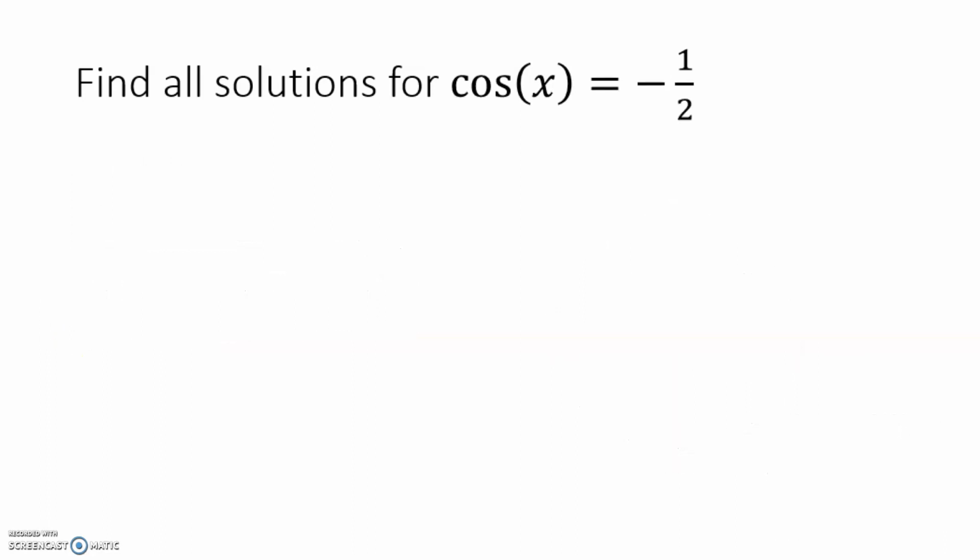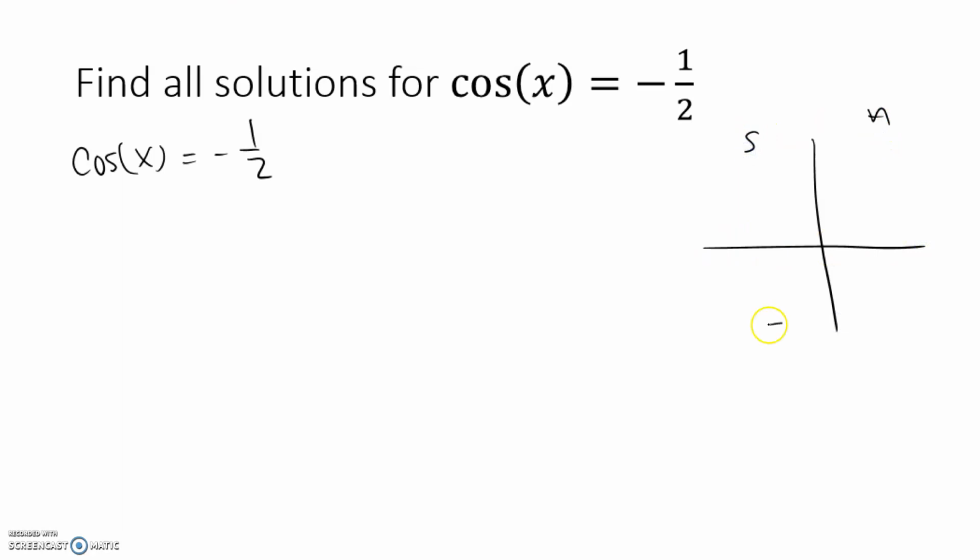Now we are not on the unit circle values, so I don't have a 0, a 1, or a -1. I have -1/2. So we're going to just rewrite it. And then my next question is, well, where is cosine negative? Because I have -1/2. So if we come over here, all students take calculus.